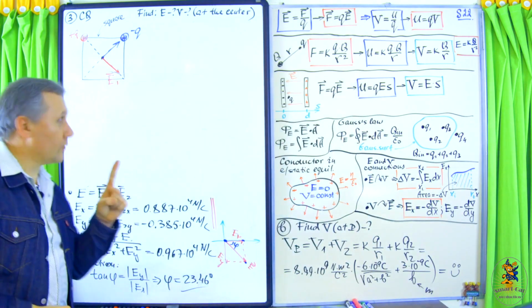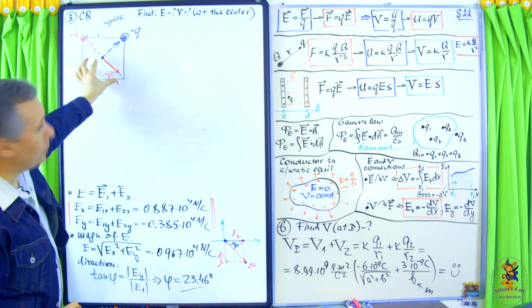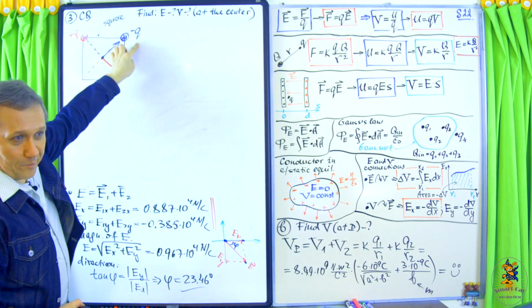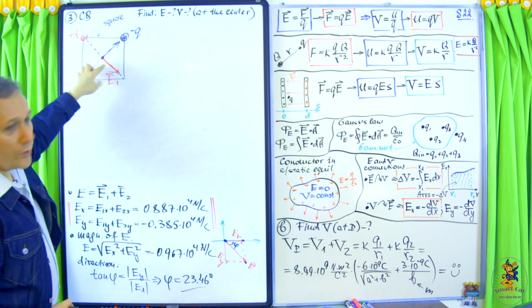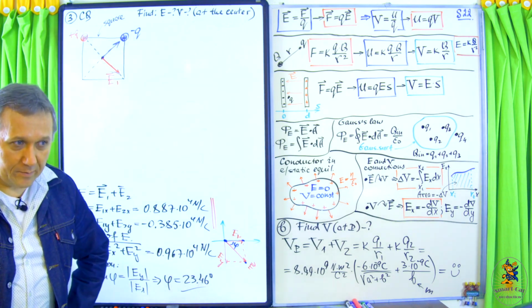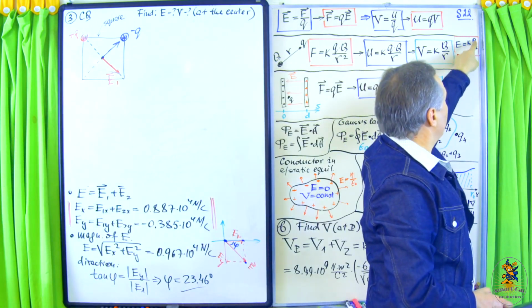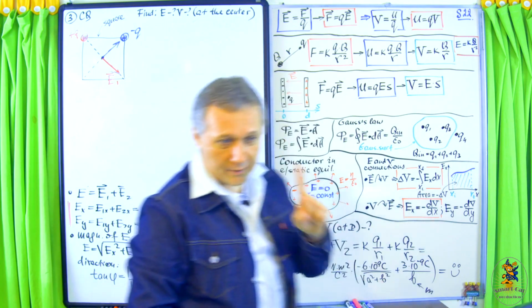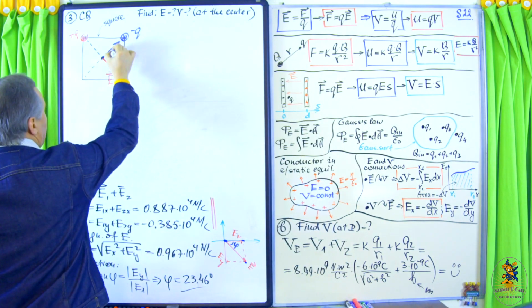And of course, in absolute value, this electric field and that electric field are going to be equal because the charges are the same, and the distances from the charge to the point in question are the same. So the electric field, KQ over R, the magnitudes are going to be exactly the same. So this and this are the same.